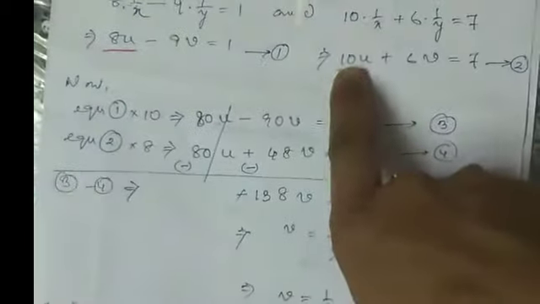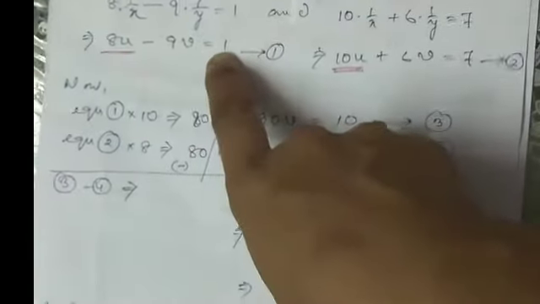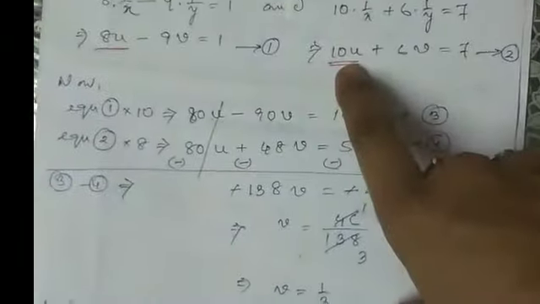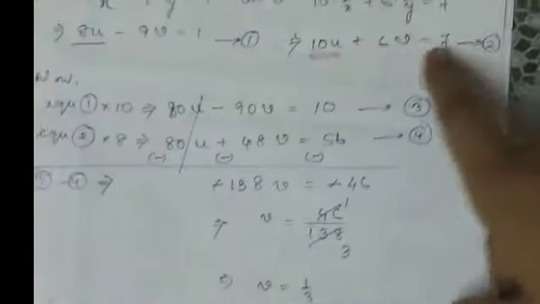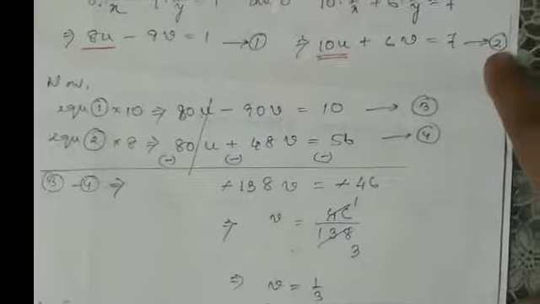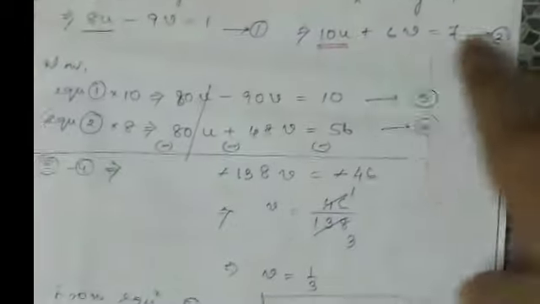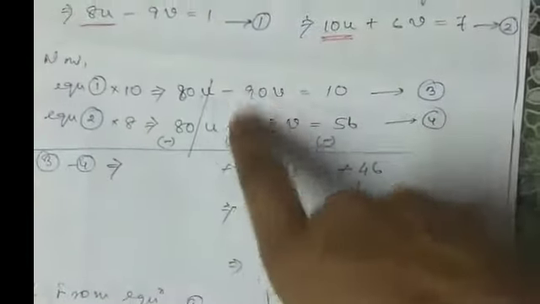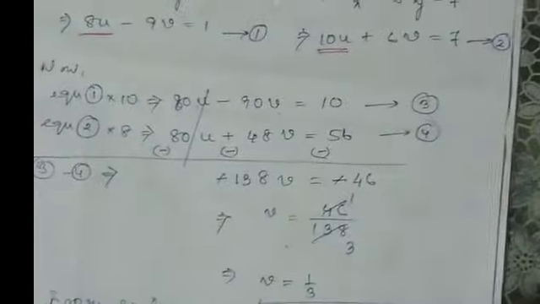So what I have done, I am going to make u equal. So 8 is multiplied by 10, that means the whole equation will be multiplied by 10, and then this 10 will be multiplied by 8, that means the whole equation will be multiplied by 8. So this equation is multiplied by 10 and this equation is multiplied by 8. Thus both the equations are formed.